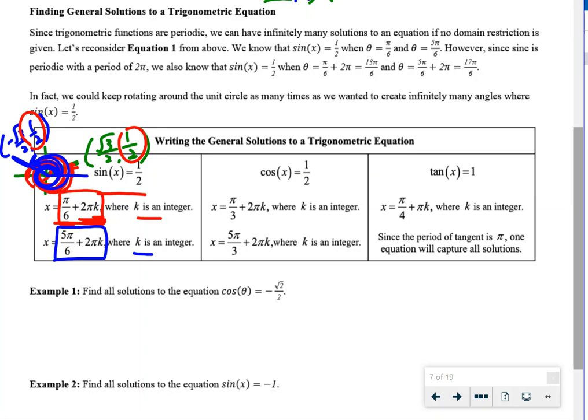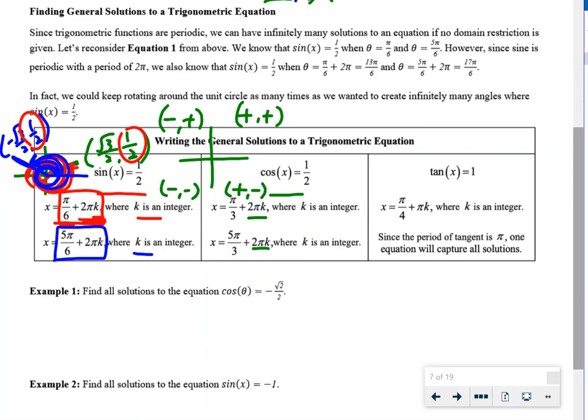Not just sine, but when you look into cosine, you are also getting infinitely many solutions if we don't restrict our domain. Cosine x equal to 1 over 2. When you think about cosine values, quadrant 1 is positive, quadrant 2 negative, quadrant 3 negative, quadrant 4 positive.